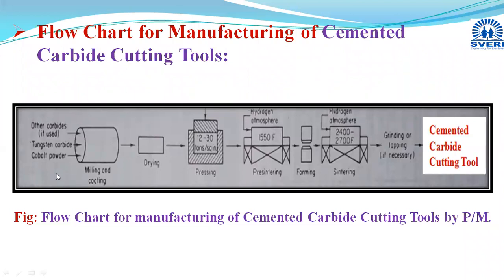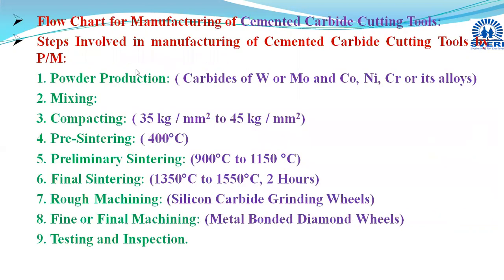These carbides of tungsten or molybdenum, and the cobalt powder, nickel powder and chromium powder, are all manufactured by the chemical process known as the reduction method, that is, reduction of their respective oxides with the help of carbon or hydrogen.